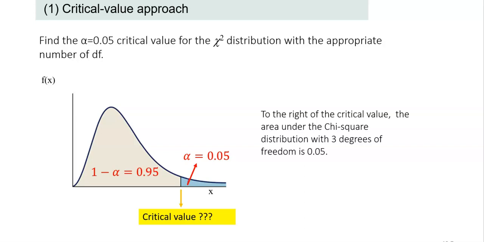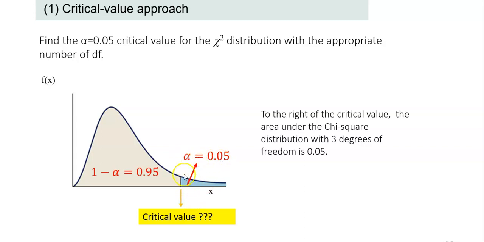And how do you find this critical value? The probability of obtaining a test statistic larger than the critical value is called alpha, and the most common value of alpha is 0.05.